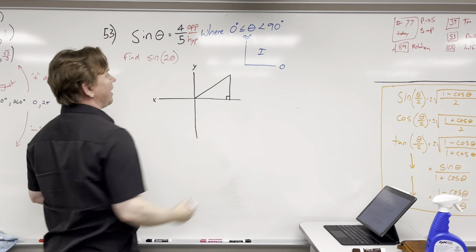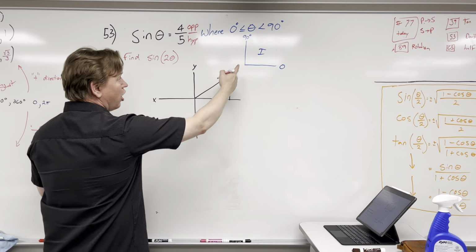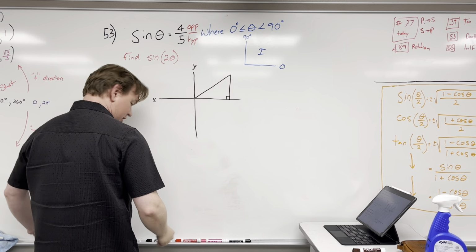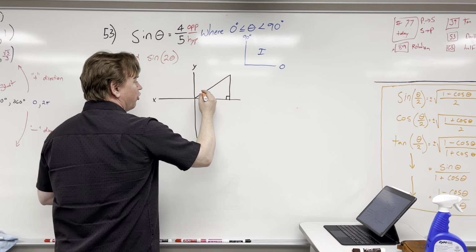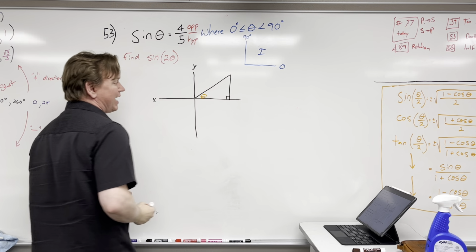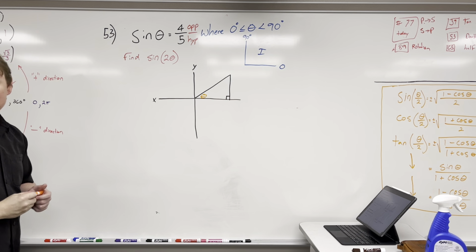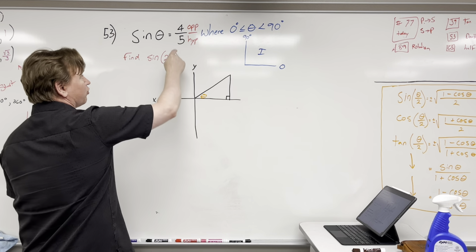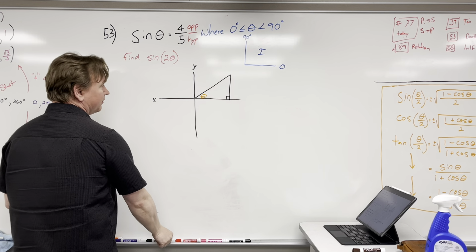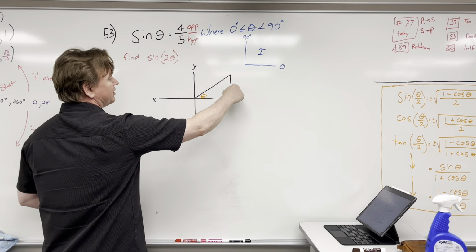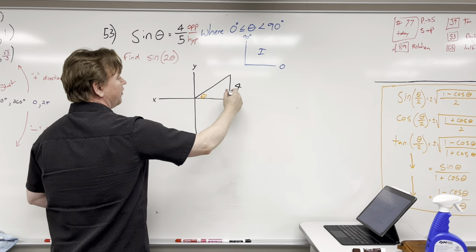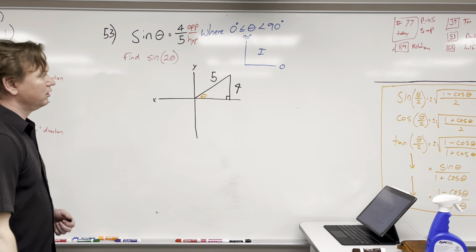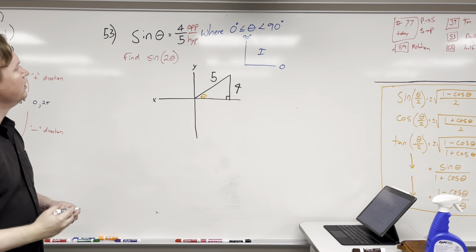Because we know we're in the first quadrant, we know that our reference angle must be right here. Because we always measure from the ground. So now with this ratio, where do I put those numbers? The opposite, 4. The hypotenuse is 5. Okay, nice.